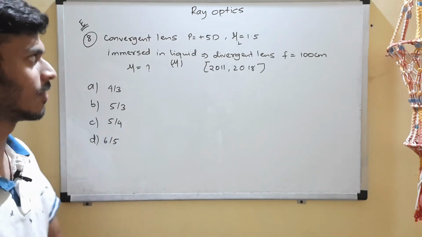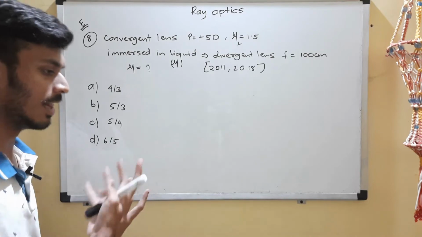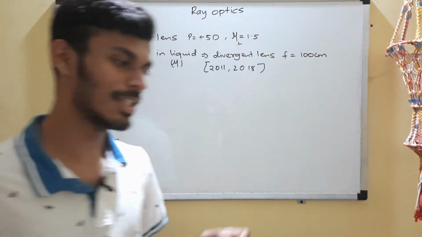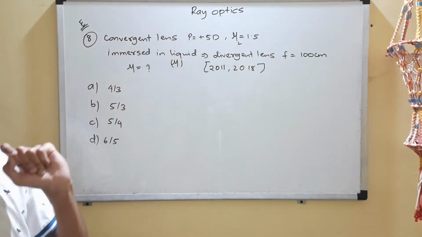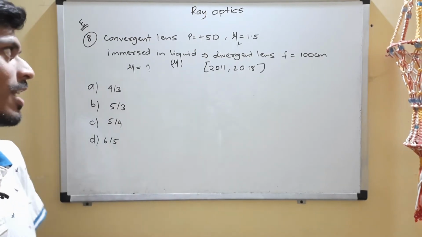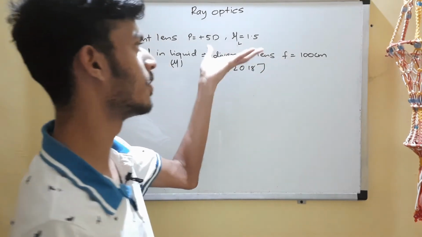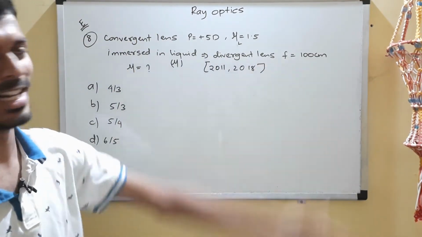The liquid has a refractive index mu, and it is seen that the lens becomes a divergent lens. Okay, when you immerse this lens in a liquid of refractive index mu, it initially was a convergent lens in air, but now in that liquid it becomes a divergent lens. Okay, and now you are also told that it becomes a divergent lens with a focal length of 100 centimeters.